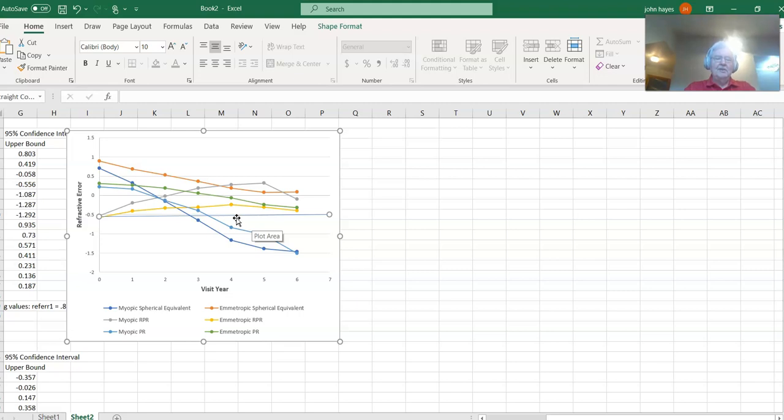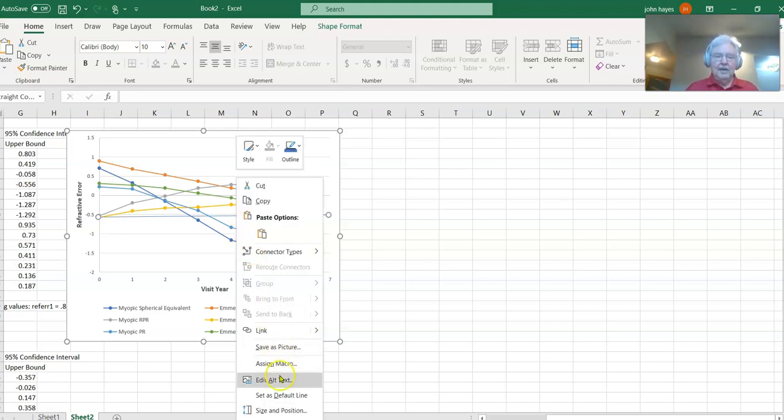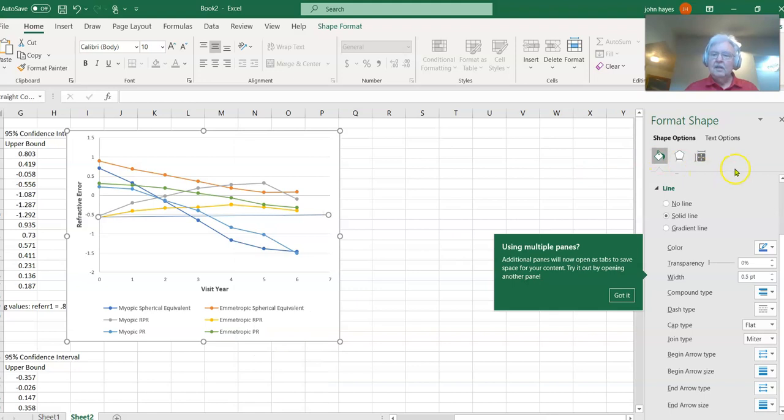So we set up a regression with emmetropes only and then filled in all the data for emmetropes based on the information, like same age, same gender, same ethnicity, various things like that. We just modeled what emmetropes would look like at the same time points that init years was there for the myopes. So format object. Let's give this a solid line.